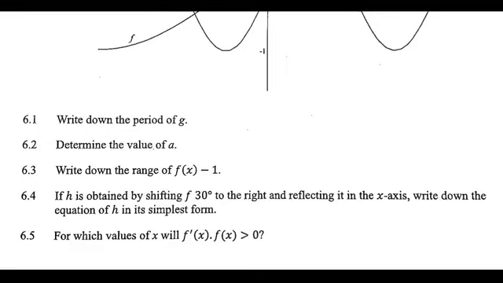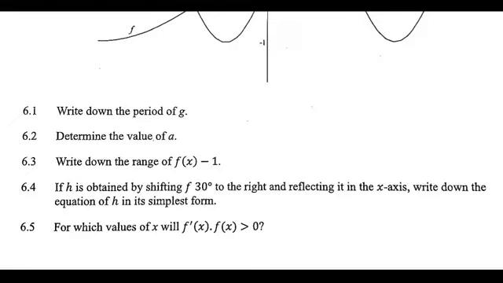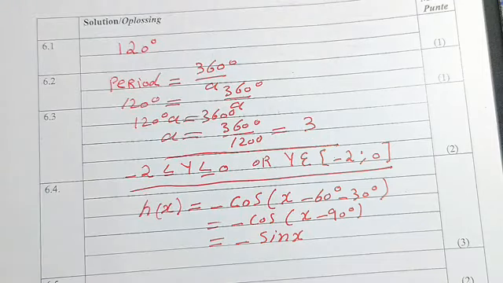6.5. For which values of x will the first derivative of f of x multiplied by f of x be greater than 0, meaning positive? Now this type of question you need to remember very carefully.